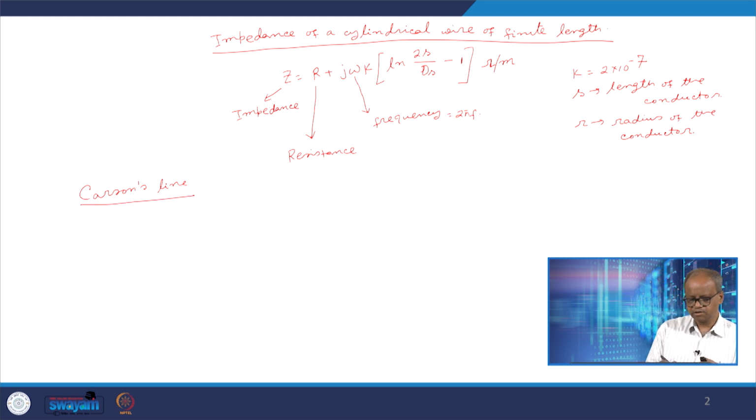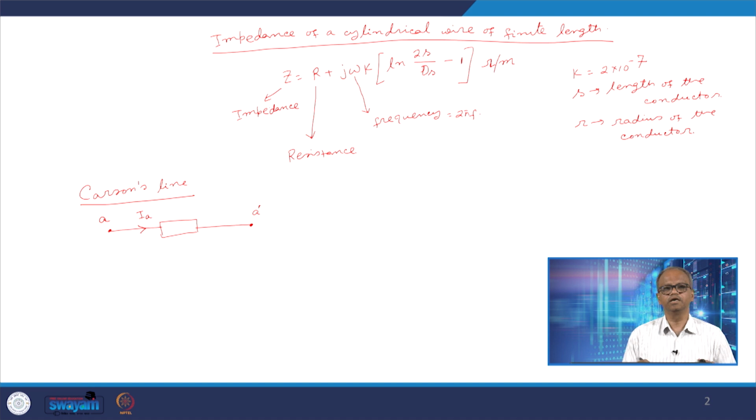Essentially, I have a conductor A to A dash, and it is carrying a current IA. Obviously, to complete the circuit, this current has to come back to the source through ground.